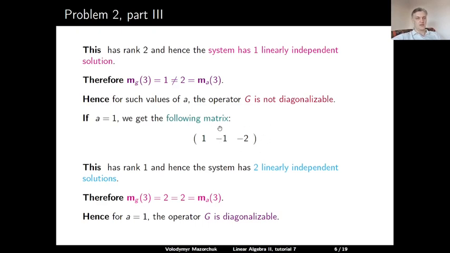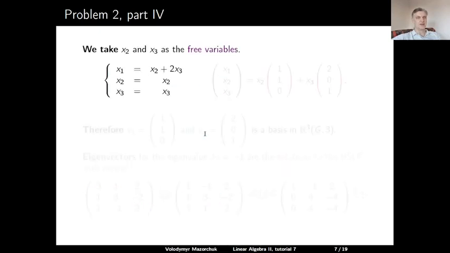Here we have a row echelon matrix with leading element in column 1. So we can take x2 and x3 as free variables. From the equation we get x1 is equal to x2 plus 2x3. For the free variables we have the trivial equations x2 is equal to x2 and x3 is equal to x3.